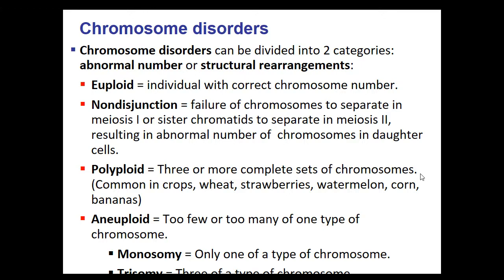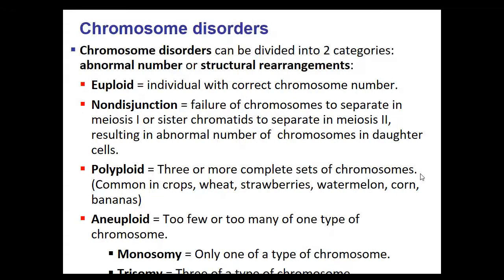Non-disjunction is a mistake that happens during meiosis sometimes. So in disjunction, junction means connection. So disjunction would mean disconnect, which is what happens during meiosis. The sister chromatids disconnect and go into the daughter cells, or the chromosomes of each pair separate, disconnect, and go into the daughter cells.